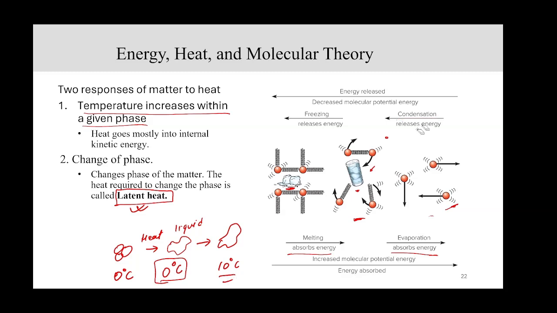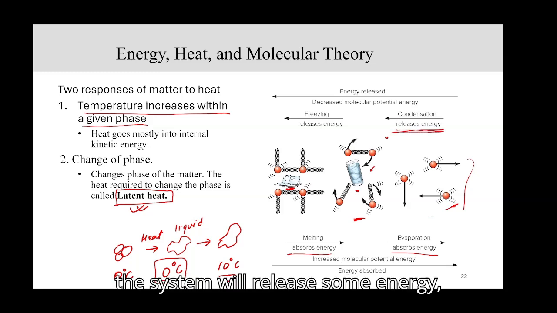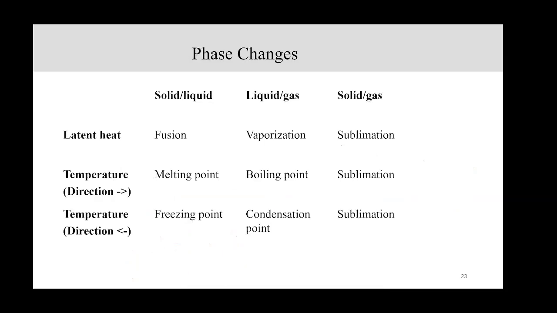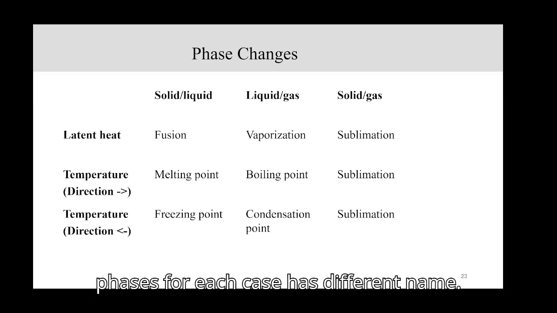However, in the opposite direction, if you want to convert from gas form to liquid form, the system will release some energy, meaning we are removing energy from the system, and converting from liquid to ice also releases energy when we are freezing. And the change in phases for each case has a different name.